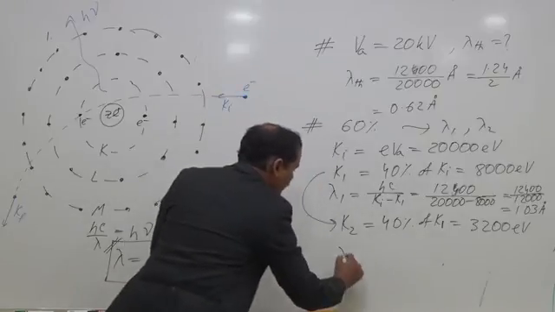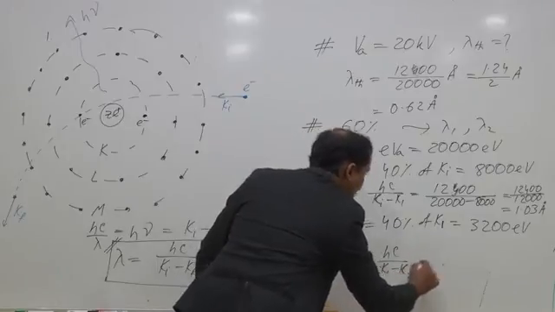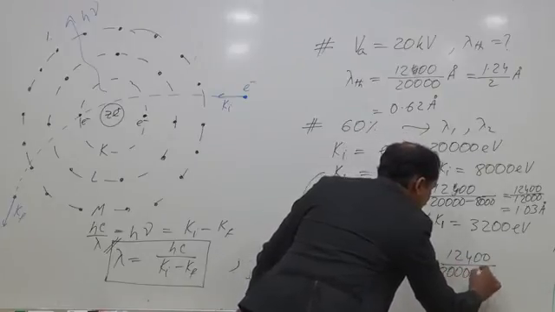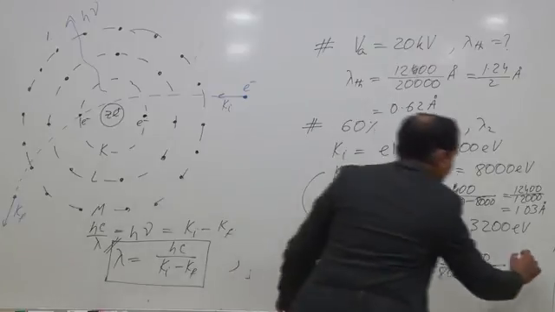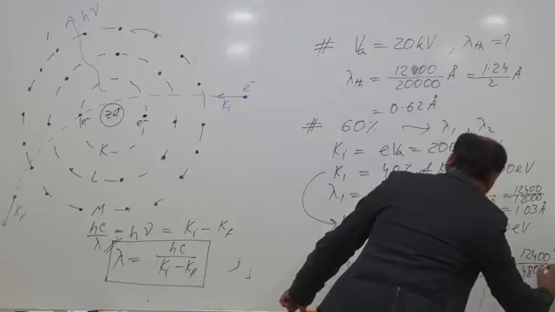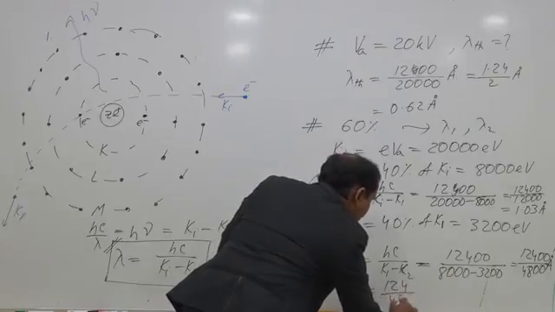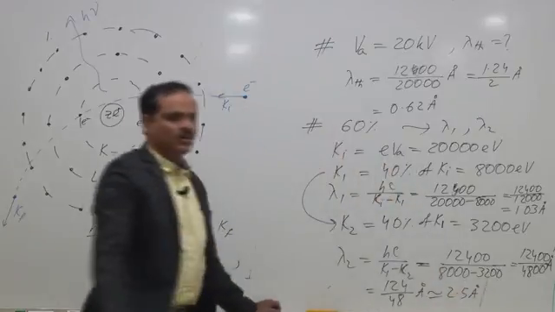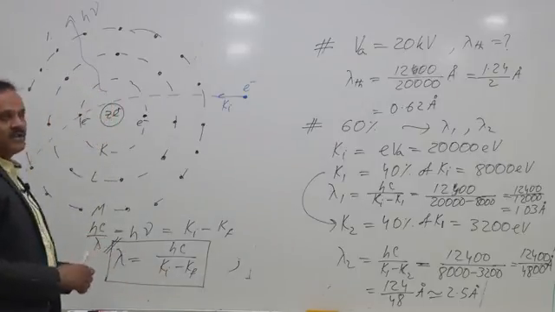So the wavelength of the second photon, lambda 2, is hc by K1 minus K2, that is 12,400 by 8,000 minus 3,200, which is 12,400 by 4,800 angstrom, or 124 by 48 angstrom, of the order of 2.5 angstrom. So these are the wavelengths of the first and second emitted photons.